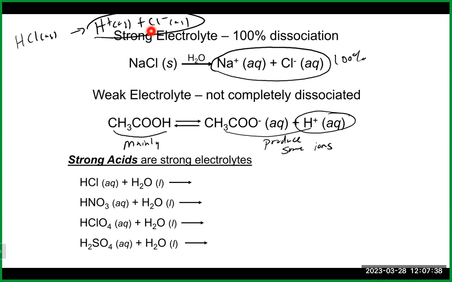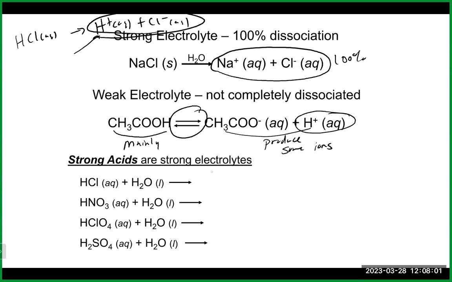There's no HCl units still left in solution. So it creates a lot of free H plus really quickly, which is why it's a strong electrolyte. Also why it has a one-way arrow as opposed to the equilibrium reversible reaction arrow that we see with weak electrolytes.